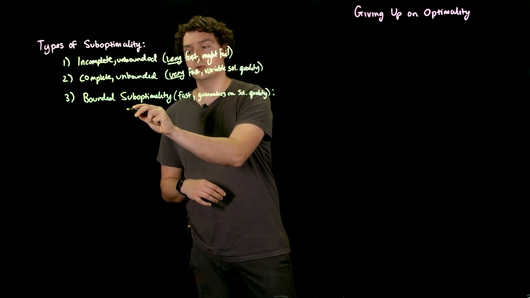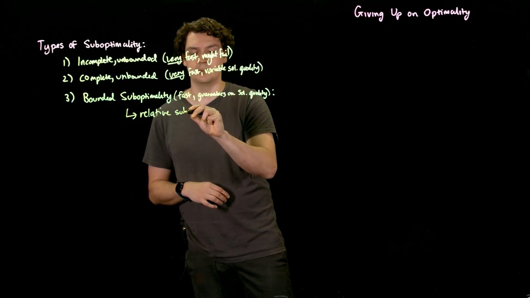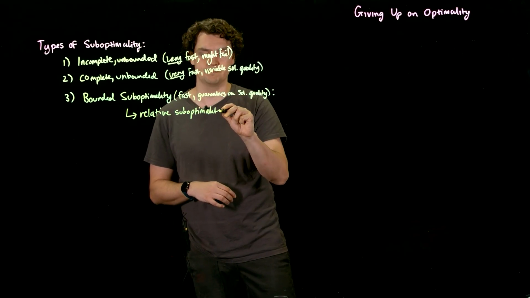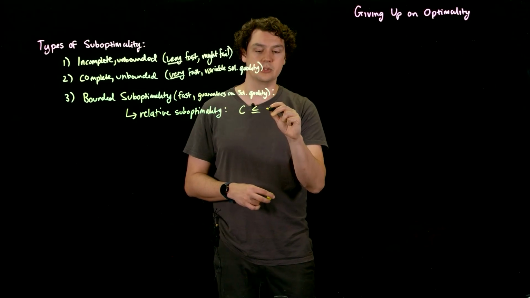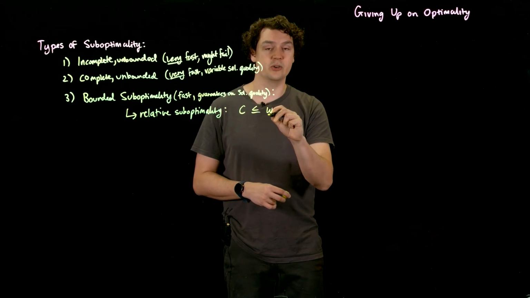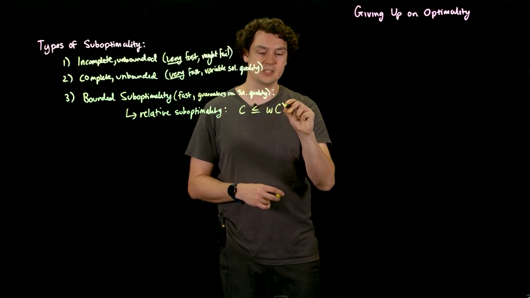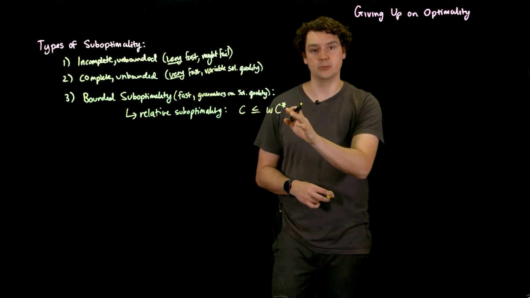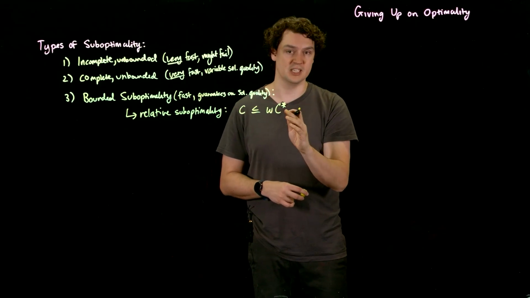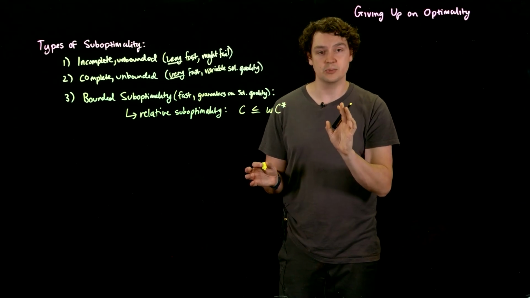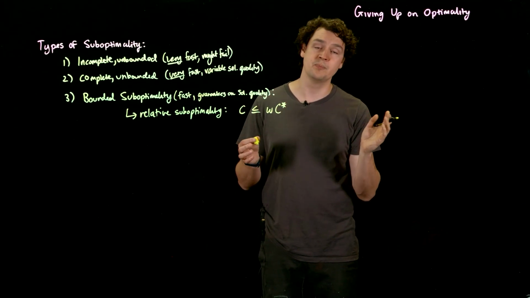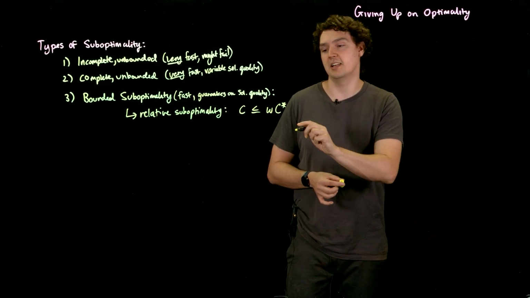And so this is what we call relative suboptimality, where the cost of your solution C is less than or equal to some weight W times the actual optimal cost, the optimal cost C star, right? So, hey, if I'm okay with a 2 times worse solution, 3 times worse solution, 2.5 times worse solution, right?